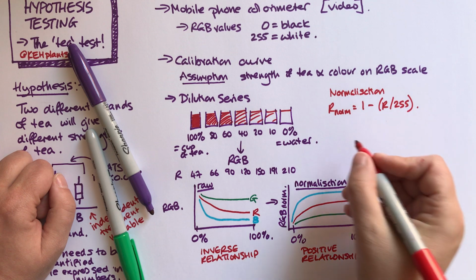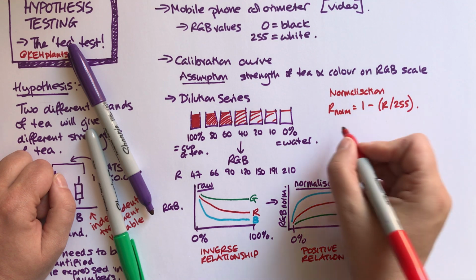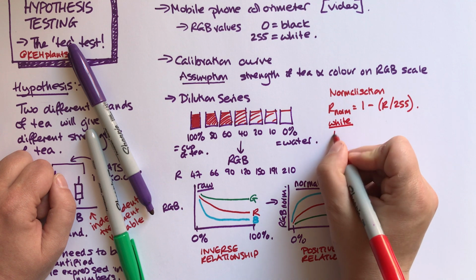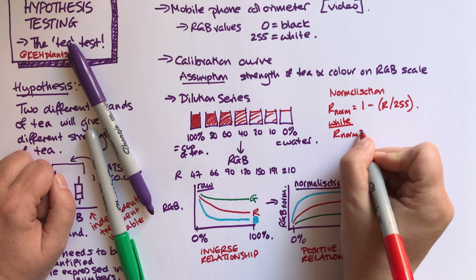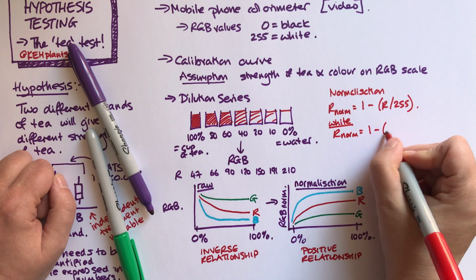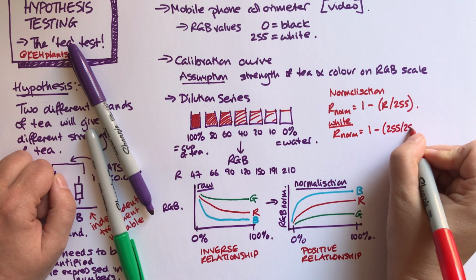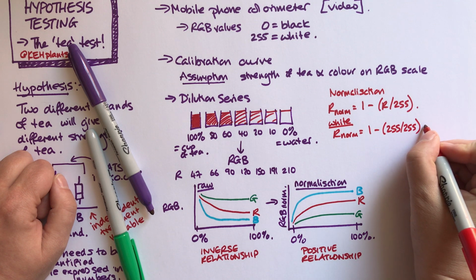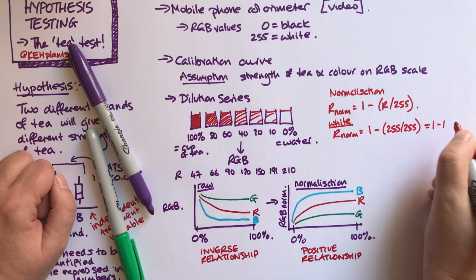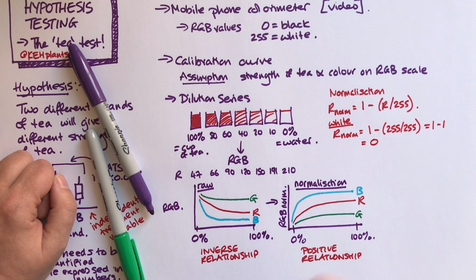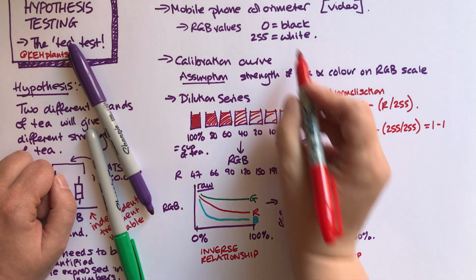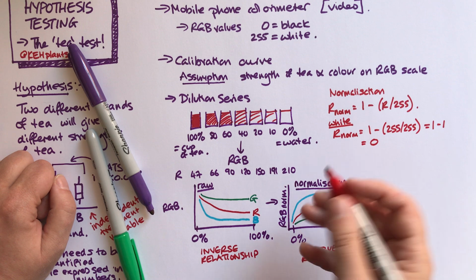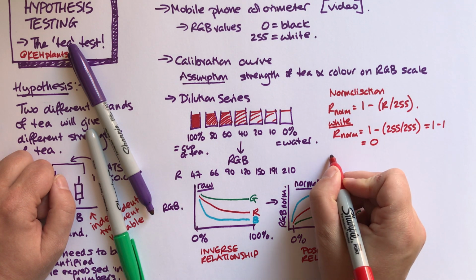Okay, so if we do it for pure white to start with, our norm is going to be 1 minus 255 over 255. So this is the whitest it could possibly be. That's the same thing as 1 minus 1 equals 0. Okay, so I flipped it. So white used to be 255, white is now 0. Okay, and I can do the same thing for black.